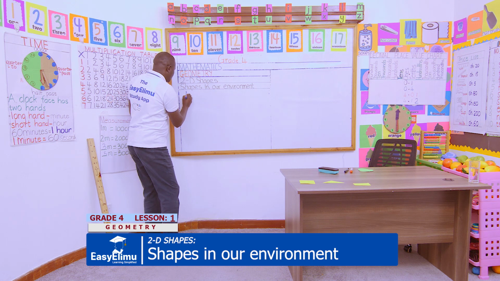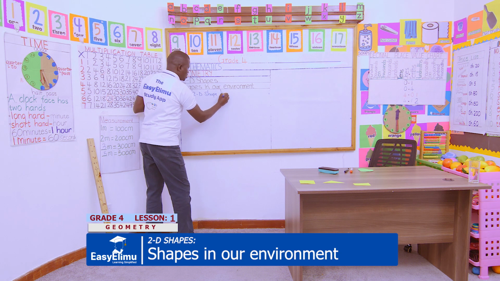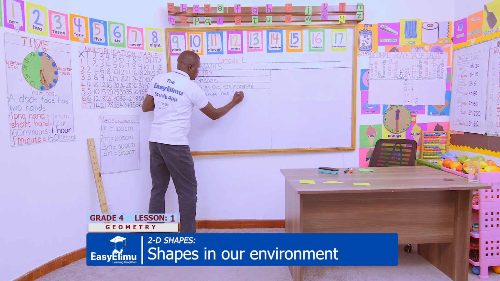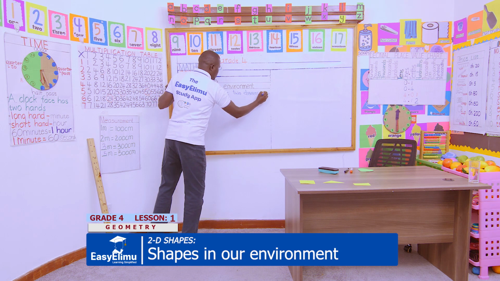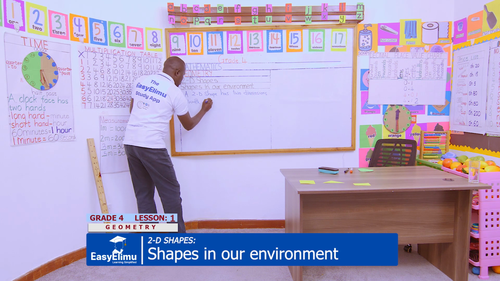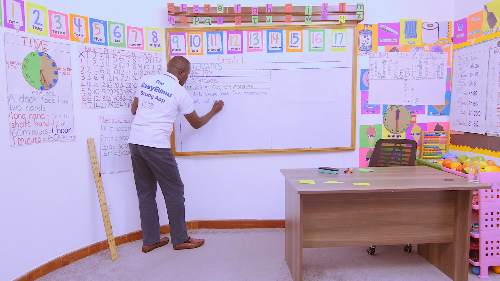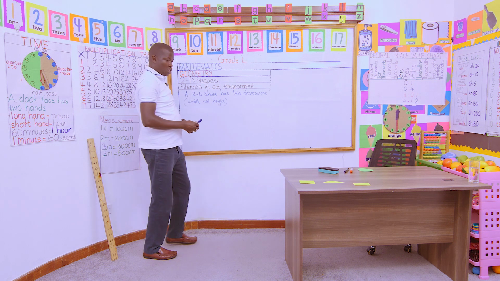So a 2D shape has two dimensions. It has width and it has also height. These are the dimensions that are found in a 2D shape.